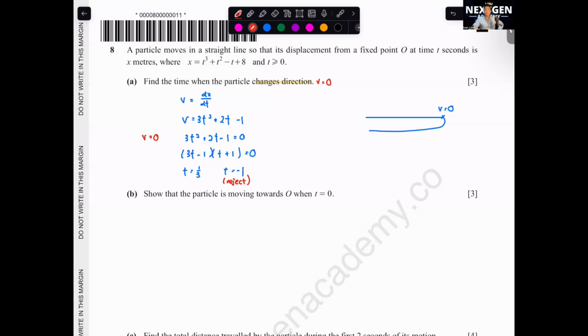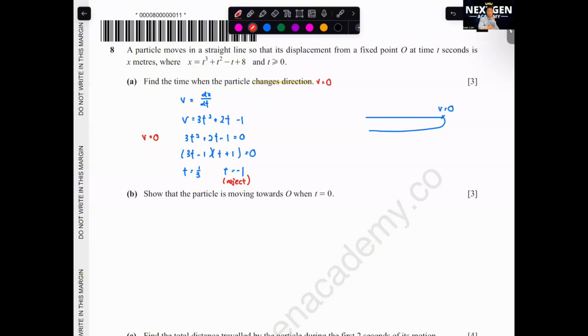The particle is moving towards O when t equals 0. U-turn. How do we prove it? Yes, O is the origin, correct. 0, 0. We normally just put it as a 0.